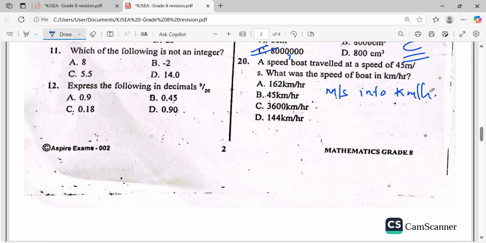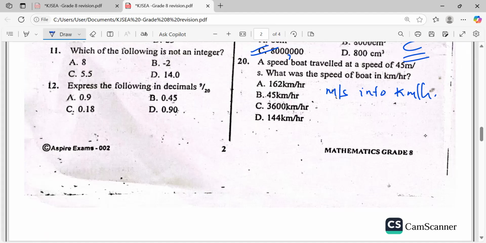Whenever you want to change meters per second into kilometers per hour, we have 5 against 18 and 18 against 5. So 5 all over 18 and 18 all over 5.